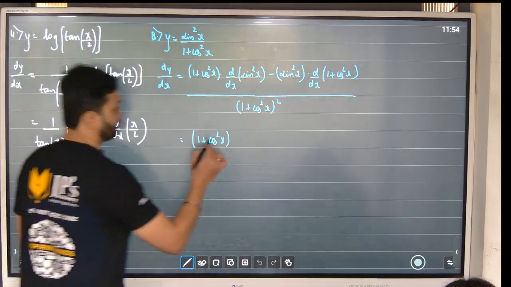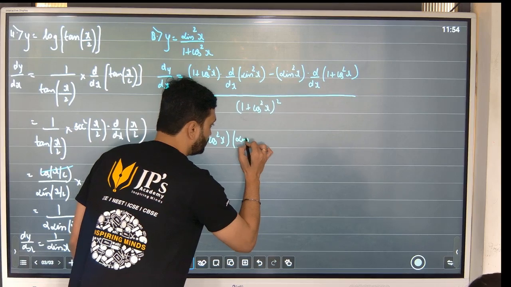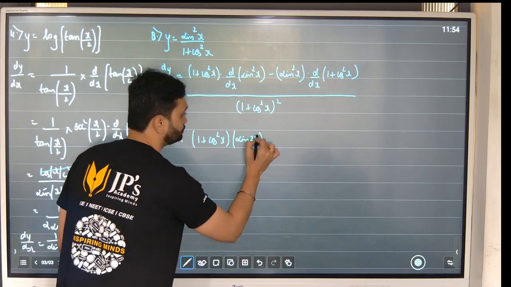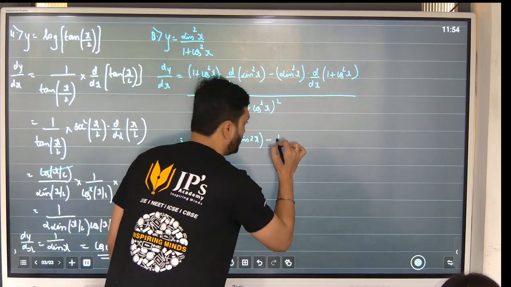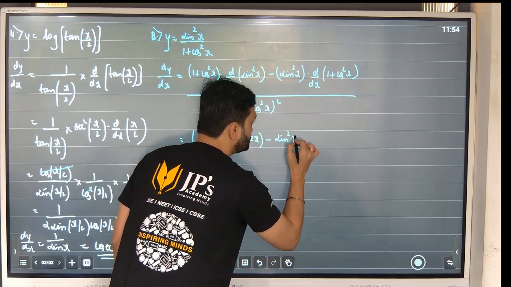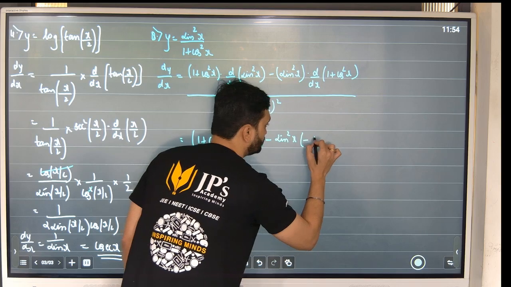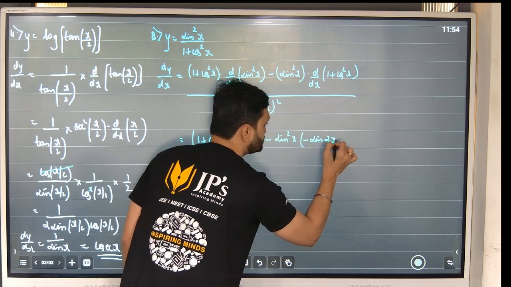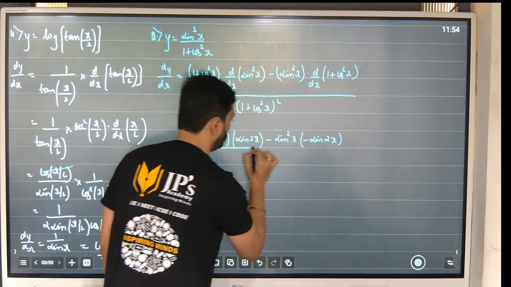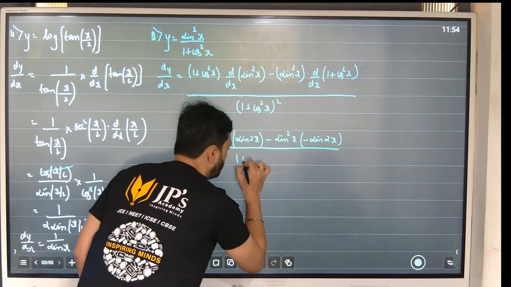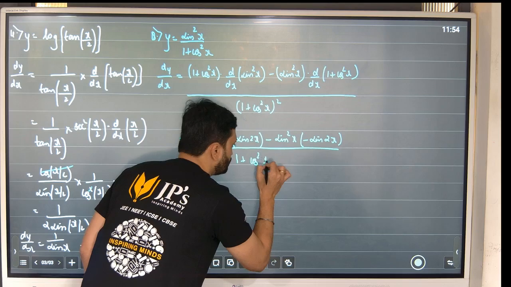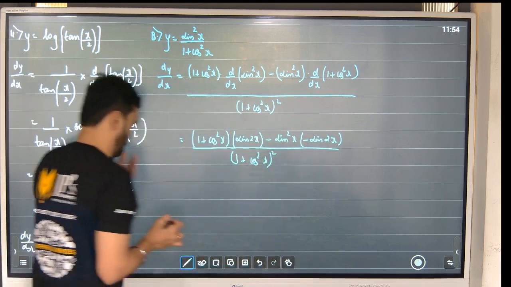So now, sine square x will become sine 2x minus sine square x. The derivative of cos square x is minus sine 2x, the whole upon 1 plus cos square x the whole square.